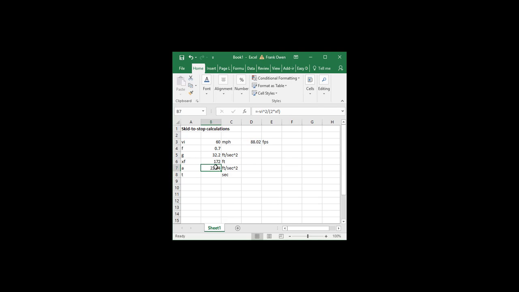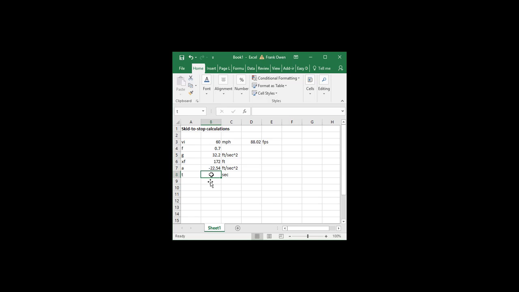Actually, I left the minus sign off, so I put the minus sign in there. Why did this not turn out to be minus? I think what's happening is that it's including the minus sign with the VI. So I'm going to put some parentheses in here so that preference is given to squaring that first. Yes, that's exactly what happened. We were squaring that negative number, and it shouldn't have.